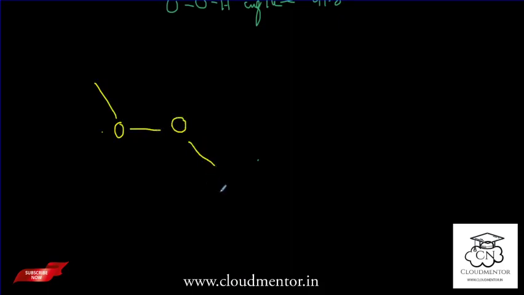Like this. Here are the two oxygen atoms in the spine of a notebook, and these hydrogens are on the cover of the notebook, and like this we can draw.